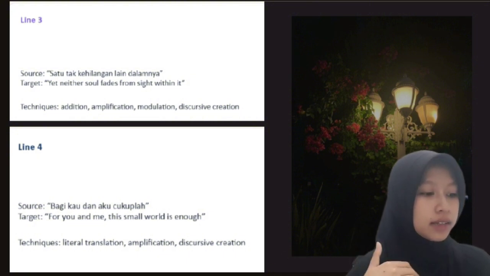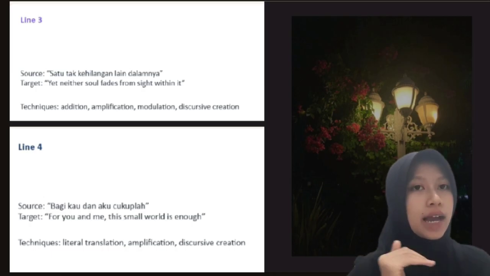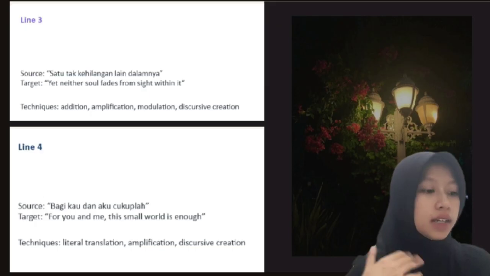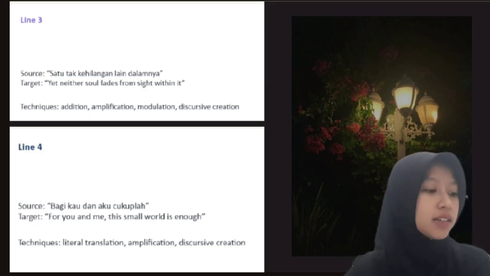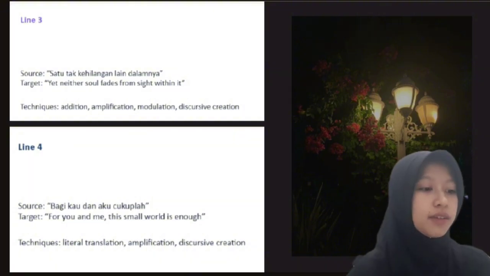And then maybe you can see "for you and me" is literal. I said before that I don't want to use literal, but I think I have to use it sometimes because I use too many addition words. And then there is "is enough."